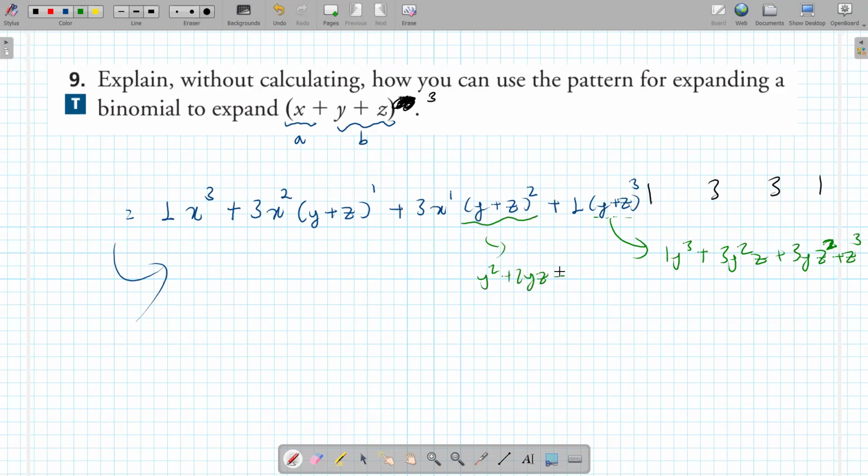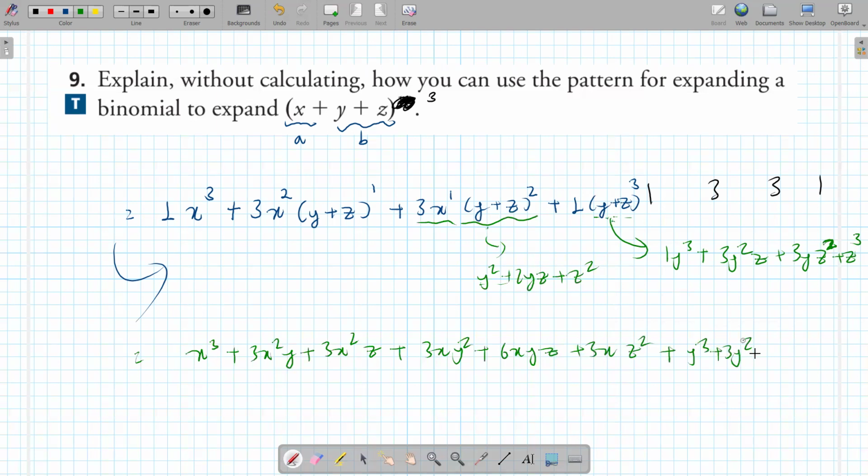Again, you have to use Pascal's triangle again for this and for this. So your final answer will be x cubed plus 3x squared y plus 3x squared z plus 3xy squared. Just multiply all three of these terms with 3x plus 6xyz plus 3xz squared plus y cubed.